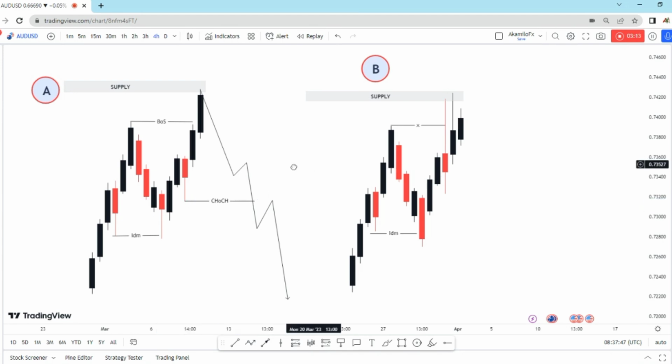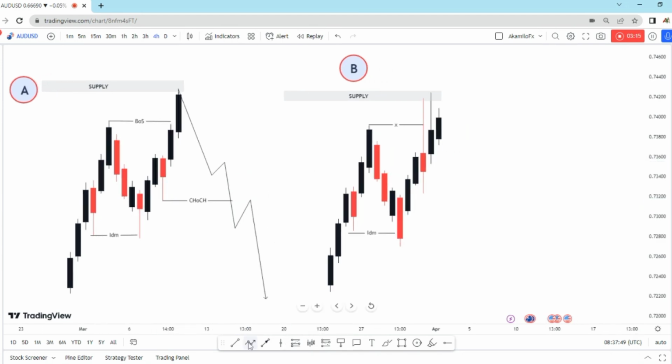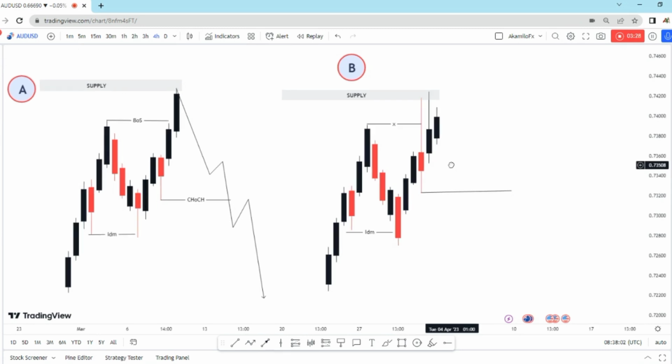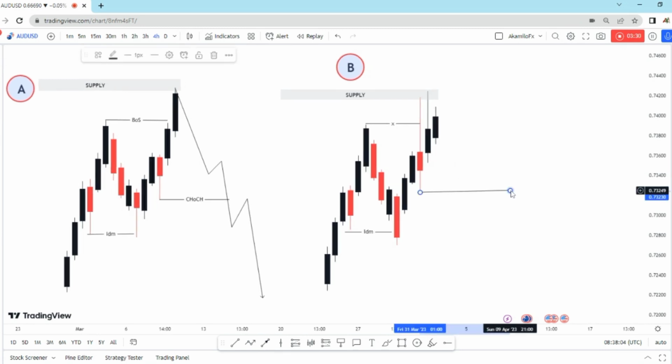The same thing applies to diagram B. In diagram B, price has tapped into a supply, and then it's our nearest valid pullback. If this is our nearest valid pullback, then this will be our change of character. Our change of character will be on this leg.